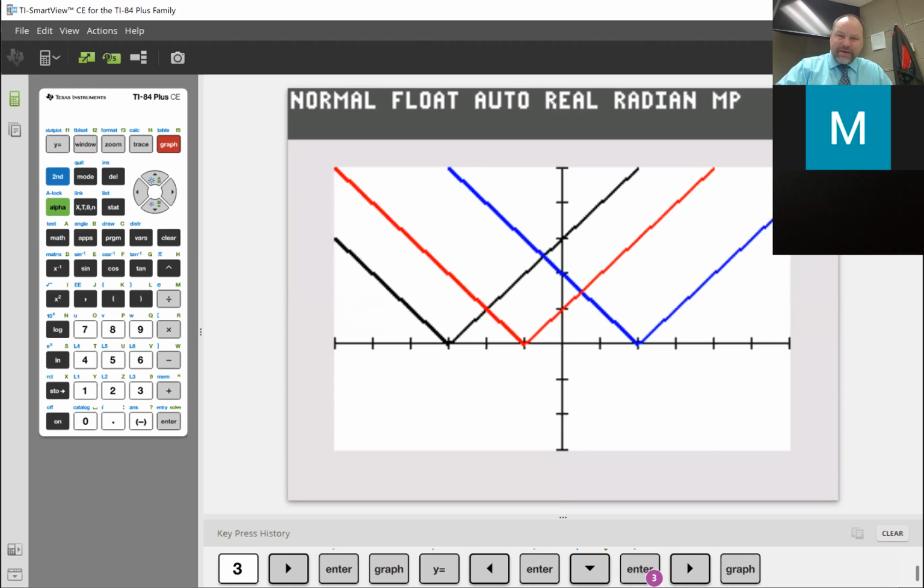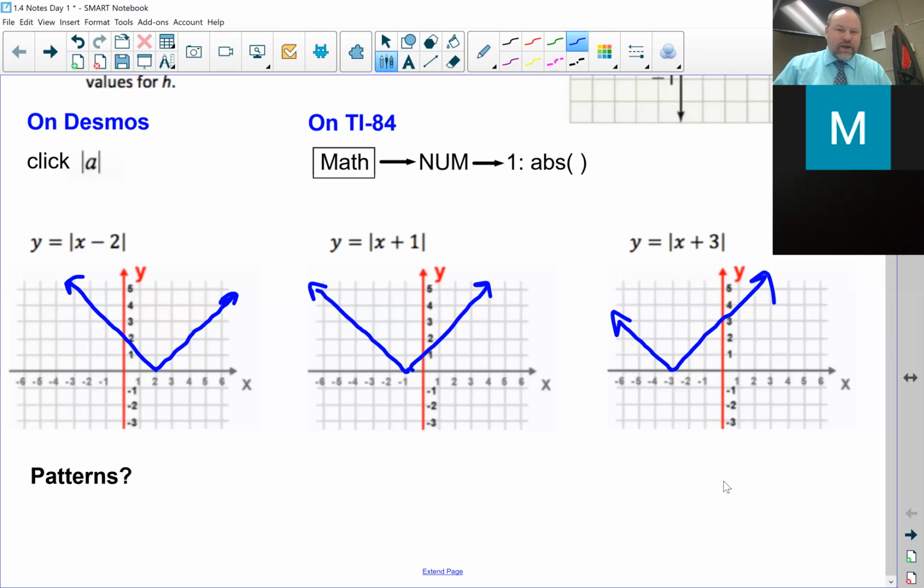So what patterns do you notice with that absolute value graph? Obviously, it's V-shaped, and that's just because it's an absolute value. But what do you notice about what happens to the graph as you add or subtract inside the absolute value?